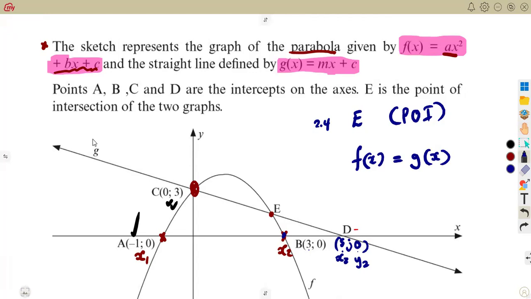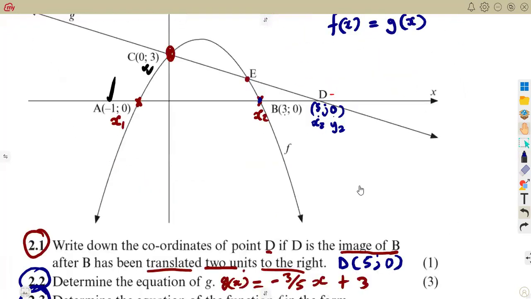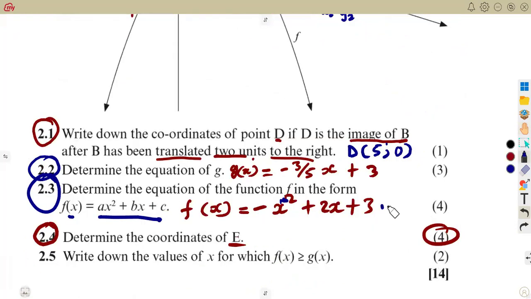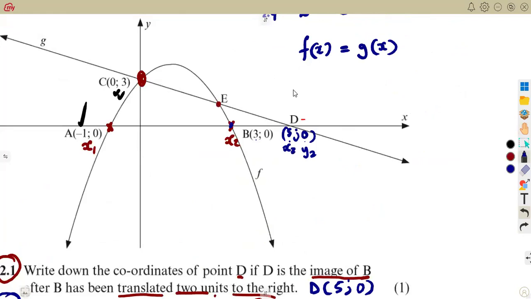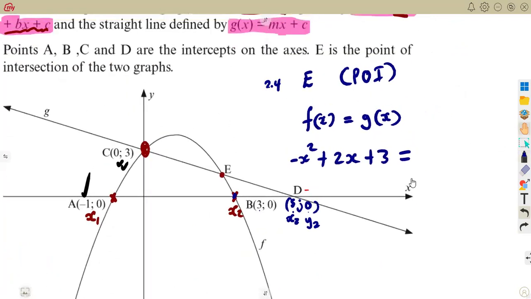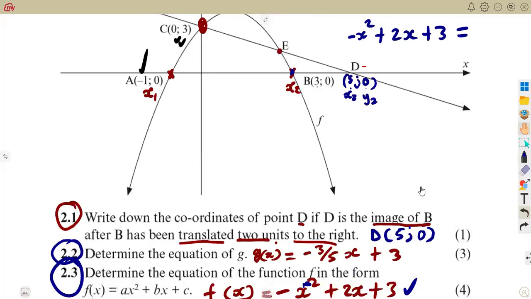So if these two are the same, remember, we calculated our f of x. All right, this is our f of x. We are going to take our f of x as it was, which is minus x squared plus 2x plus 3, must be equal to g of x, all right? Remember, we calculated our g of x.